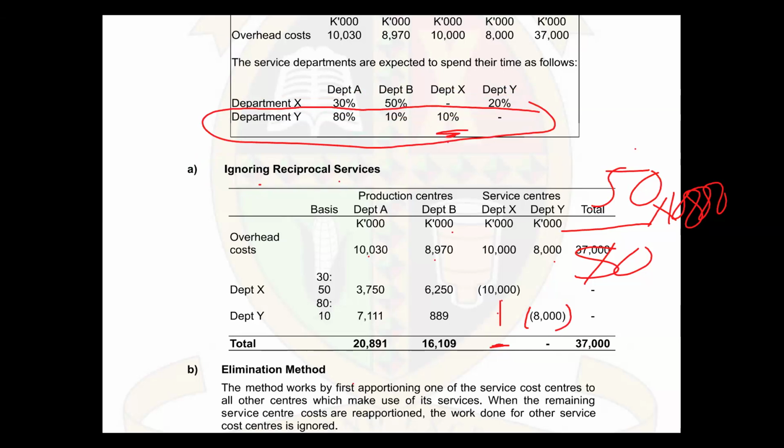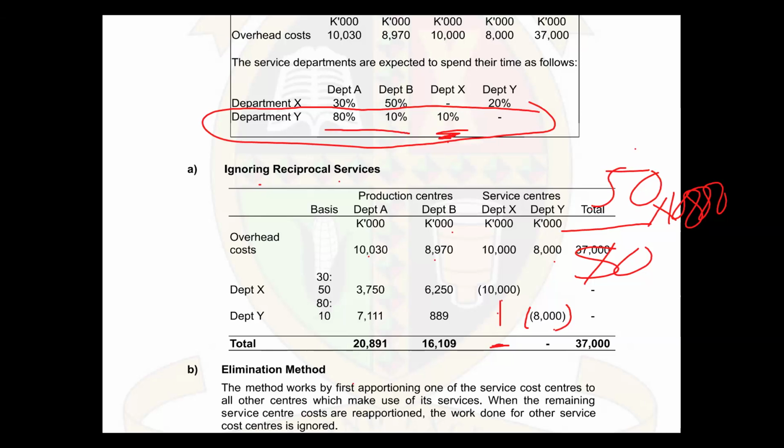We said that these departments are not sharing services. That's the first assumption we're making. So for that reason, we will not get the 10% and give it to X. No. So just deal with the production departments.